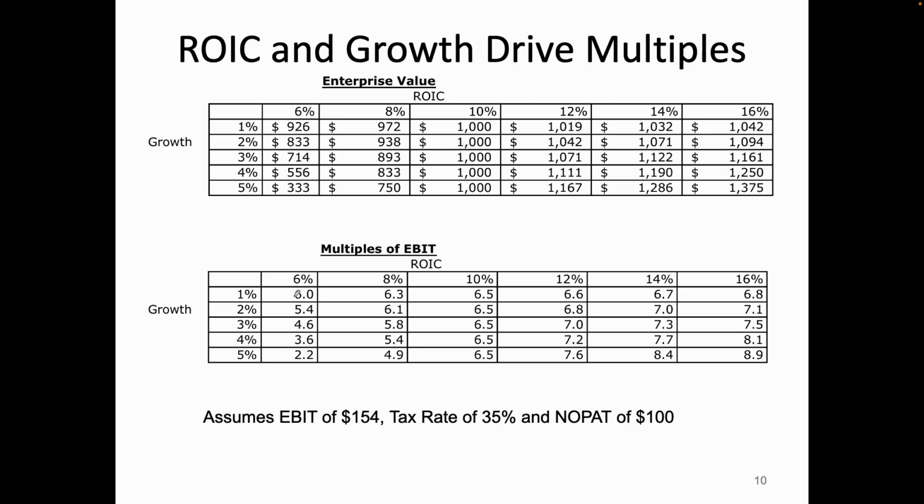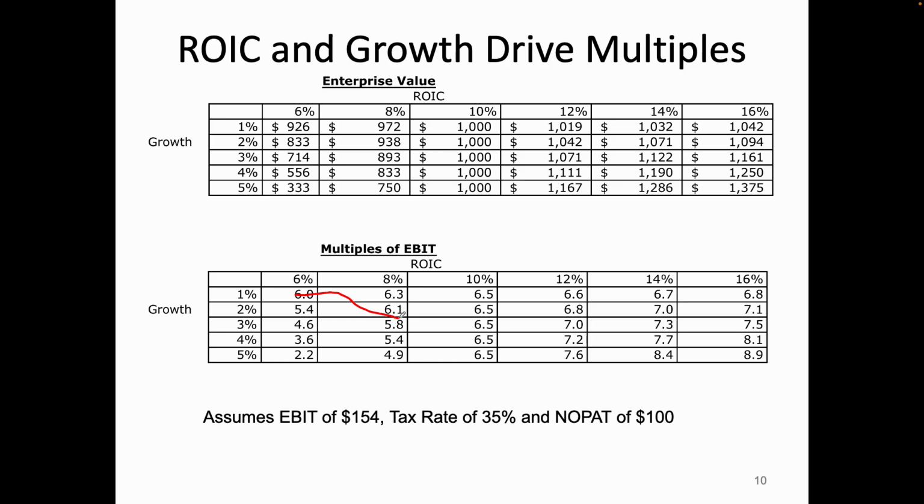All right, this is a 6. 1% growth, 6% ROIC is a 6. What's another 6? What growth, what ROIC is also a 6? Here and somewhere in the middle there. So here's the thing. I can have a 1% growth and a 6% ROIC, and I can trade at 6 times EBIT.